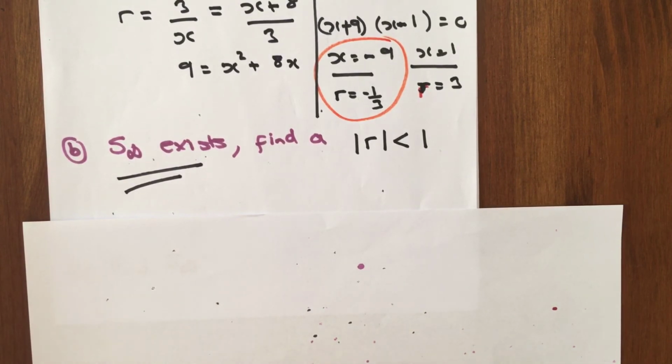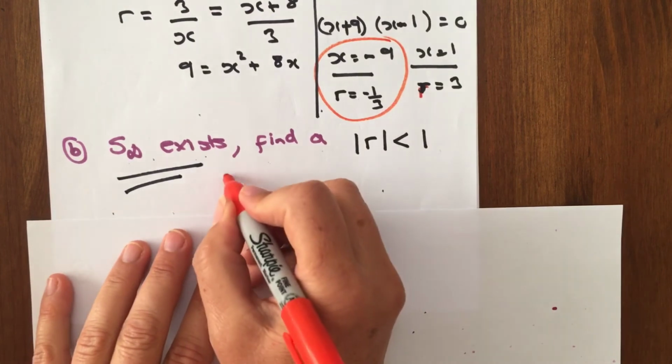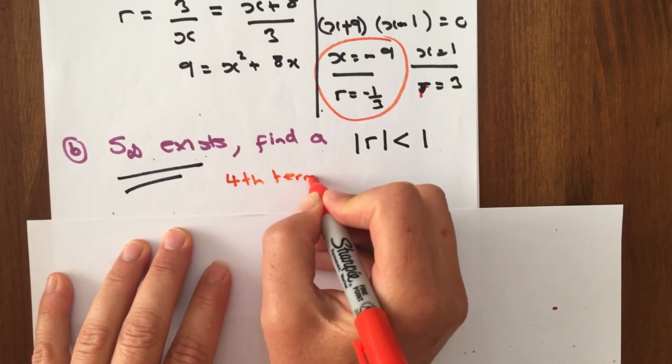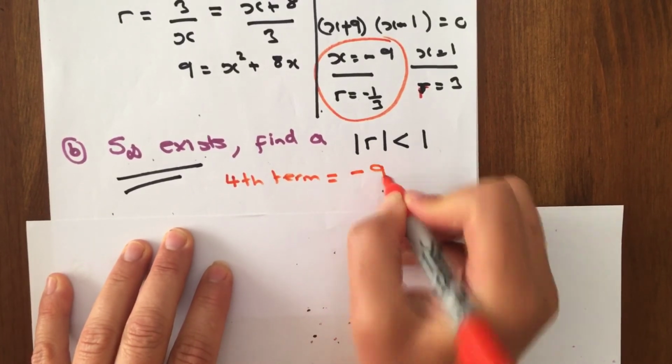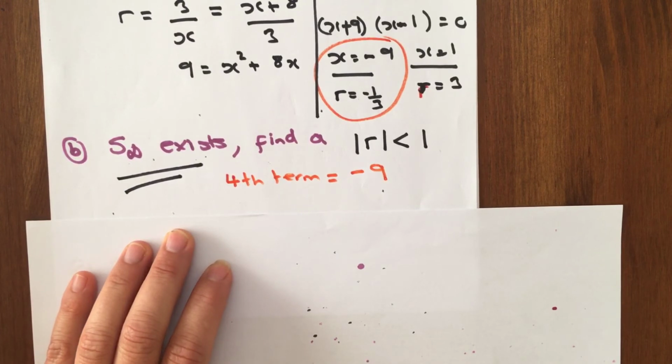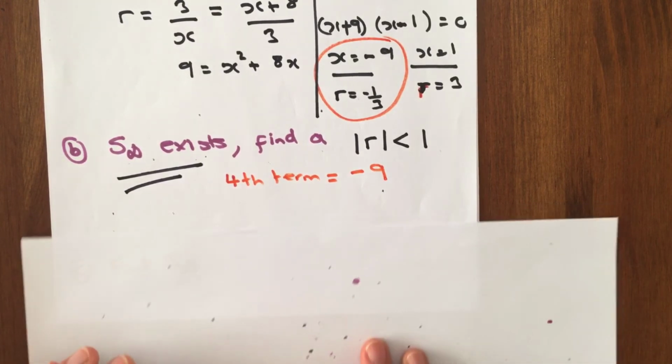Okay, so find A, find the first term. Well, I've got the fourth term. I know the fourth term is equal to x. I know the fourth term is -9. And I know the sum to infinity exists.